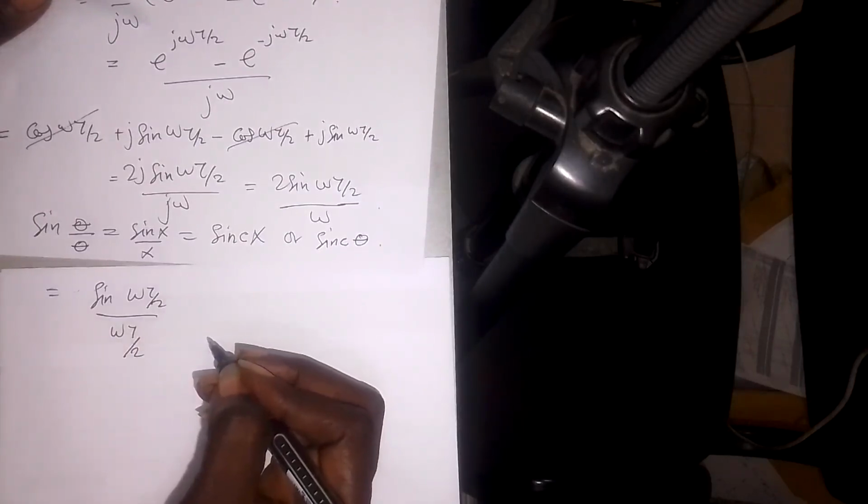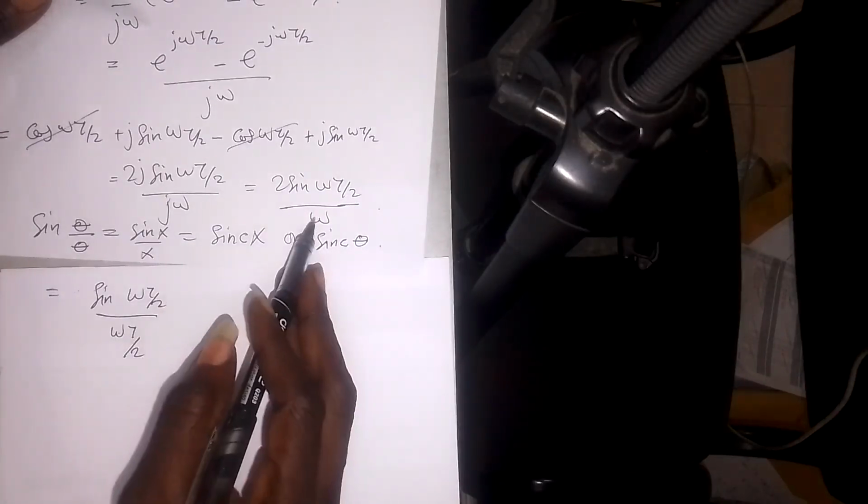And then this 2, which is here, is going to come down here. There was already omega here, so this omega stays. Now I've introduced a tau, but there is no tau in the original, which means I have changed the equation a little bit.